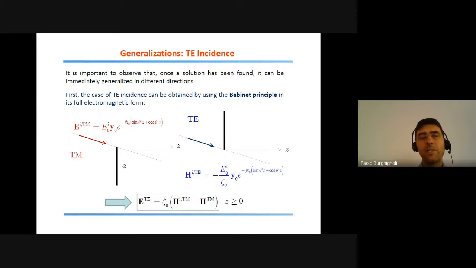Actually, the duality would involve changing the perfect electric conductor with a perfect magnetic conductor, but Babinet allows also to switch the vacuum with the metal.